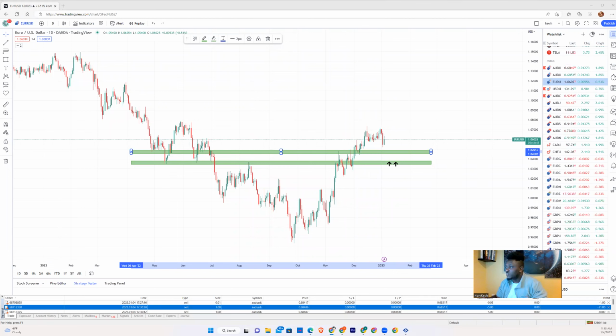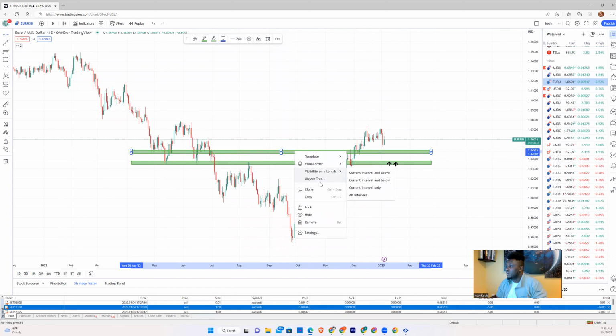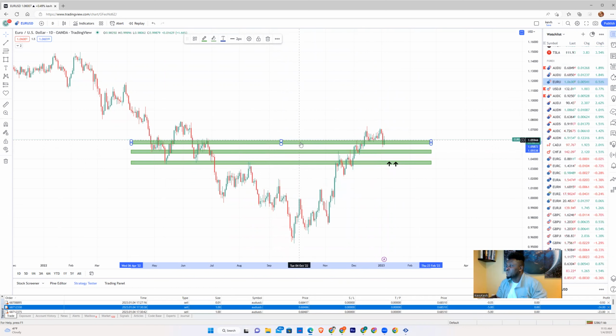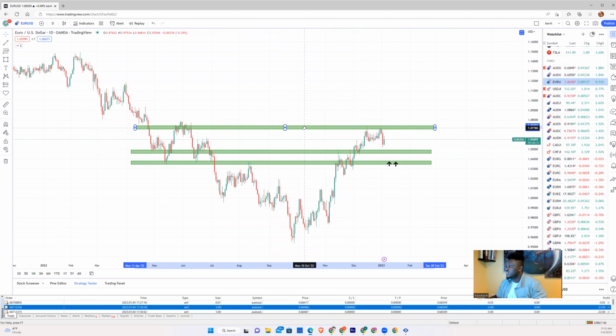So you just have to keep an eye on what's going on here. Then up here we have our resistance areas. So the current resistance area, that's it right there.